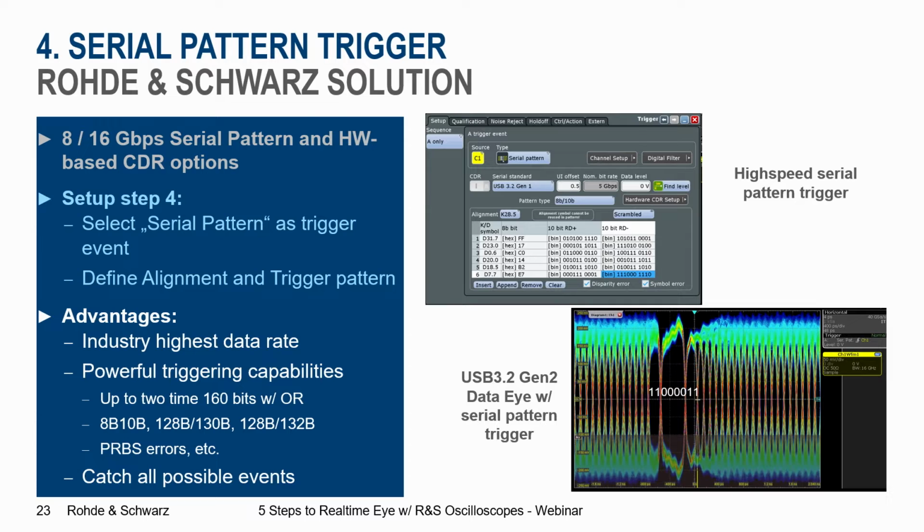So this is from a 10 gigabit USB signal where I trigger on a certain sequence, and then I get an overlay of the signal sequences and can do a very dedicated eye diagram analysis on this. So just as an additional capability for debugging, for looking for dedicated signal integrity faults, we have the possibility to use a serial pattern trigger. This was number 4. And number 5 is about de-embedding.